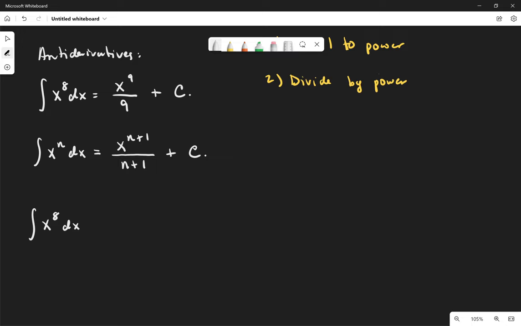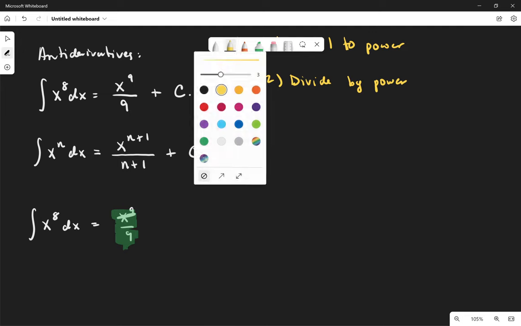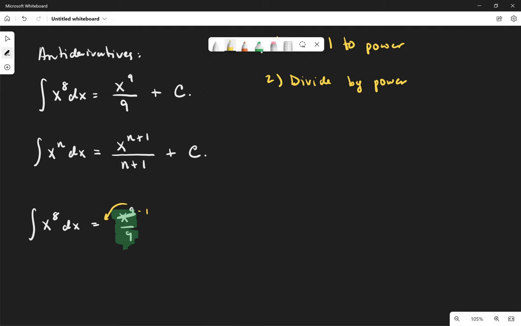Remember, there's a question baked in here. What function has a derivative of x to the 8th? Well, it's x to the 9 over 9. If I take the derivative of this, you can check it. You bring the power down, and the 9 will cancel, and then you minus 1.